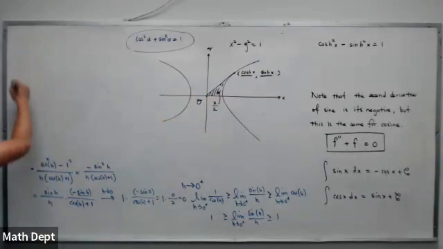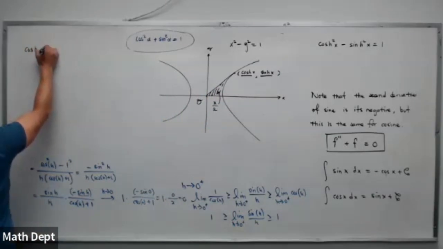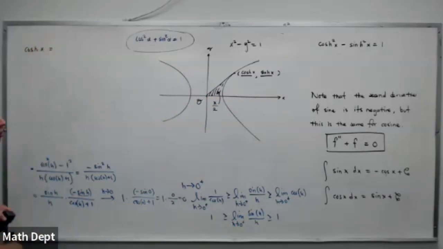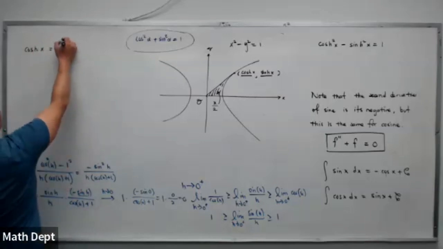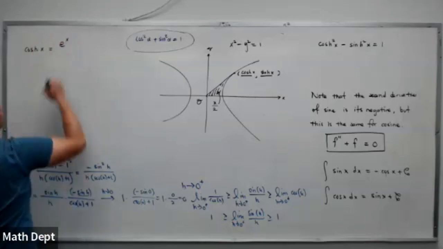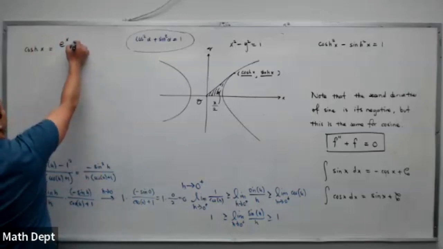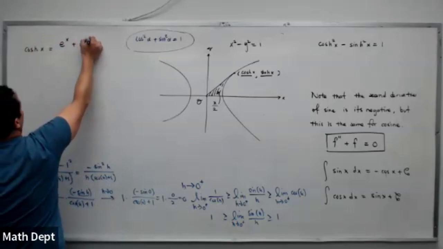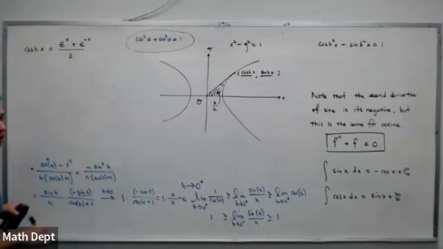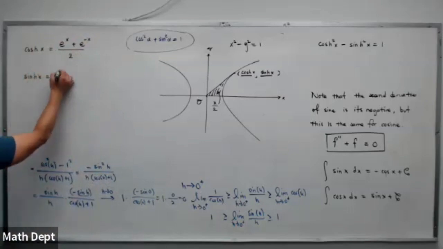Now that we have defined logarithms and exponential functions, you may define sensibly that the cosine hyperbolic of a number is nothing else but e to the x plus e to the negative x over 2. And then from this observation, you can get the hyperbolic sine.